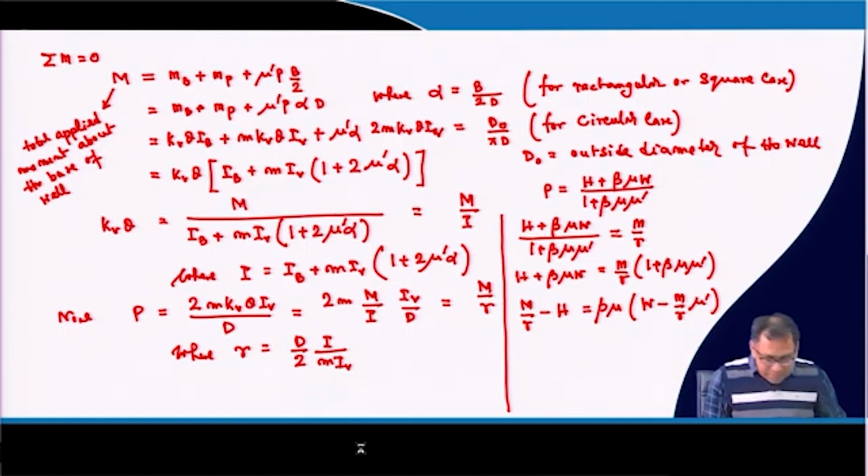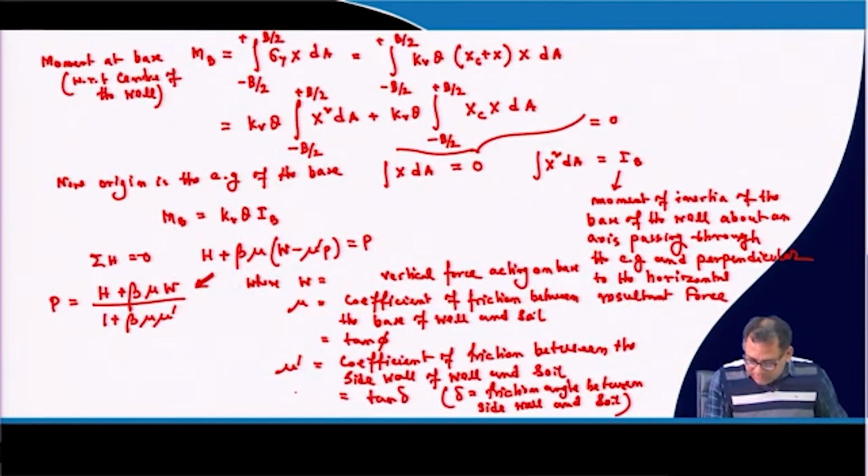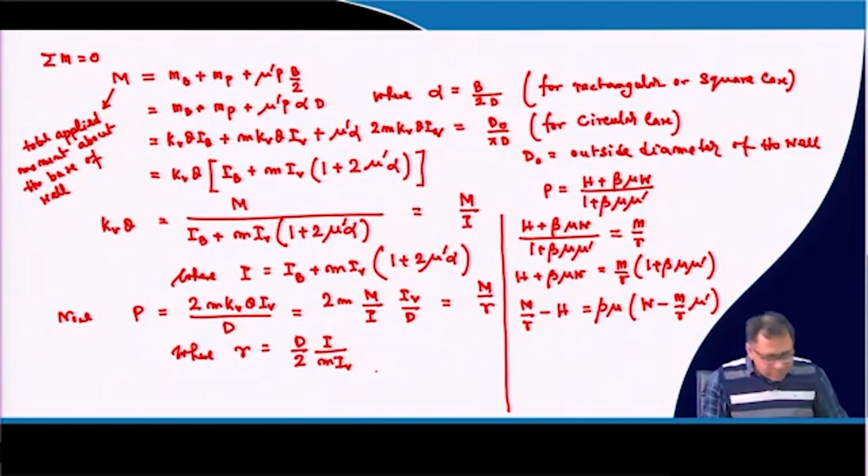And I have already mentioned what mu and mu dash are. Mu dash is between the sidewall and the soil, and mu is between the base and the soil. So, this is the equation.